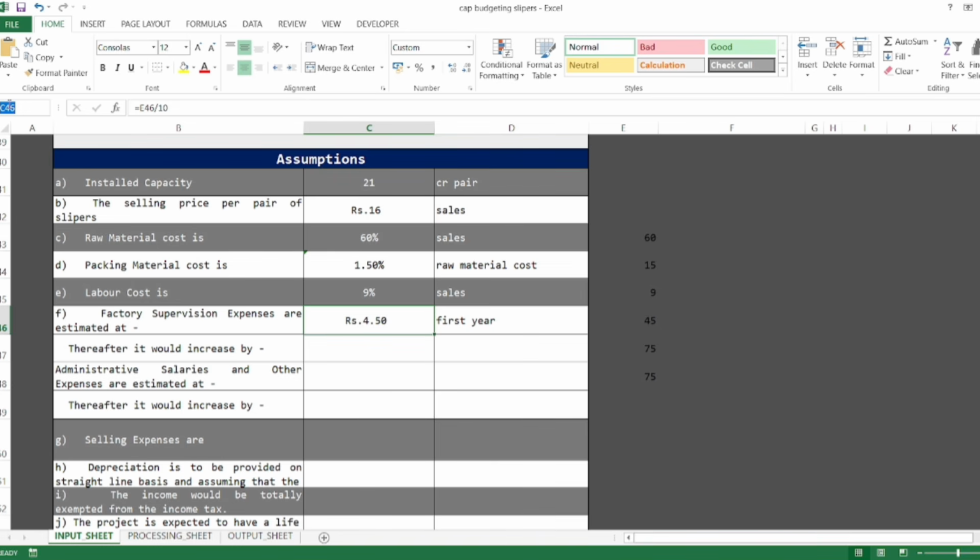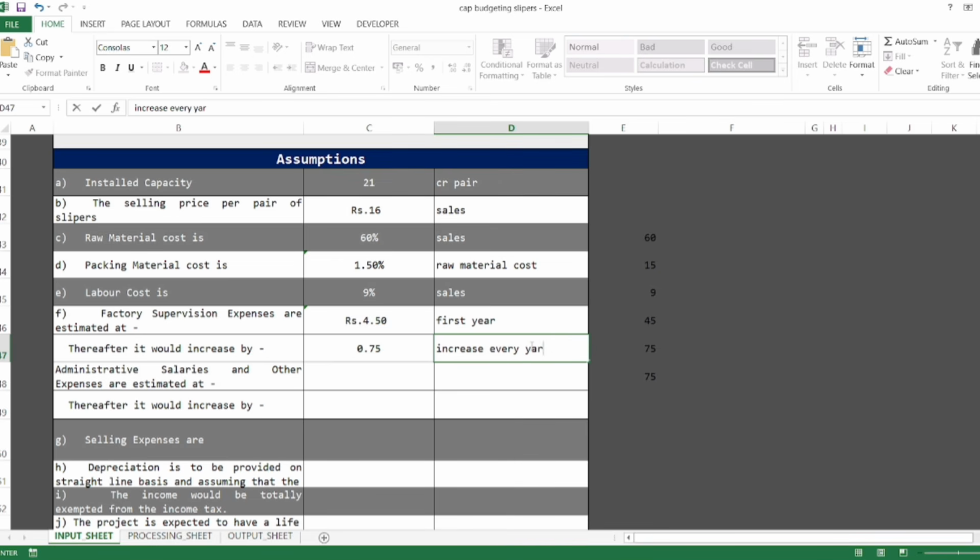So again equals to, select the cell that is E47 divided by 100, we'll get 0.75, and this will increase every year. Rename this as factory expense increase, and the above, rename it as factory expense.